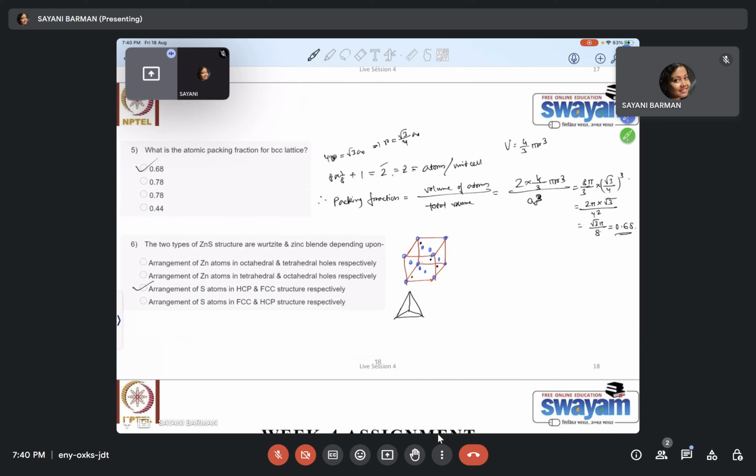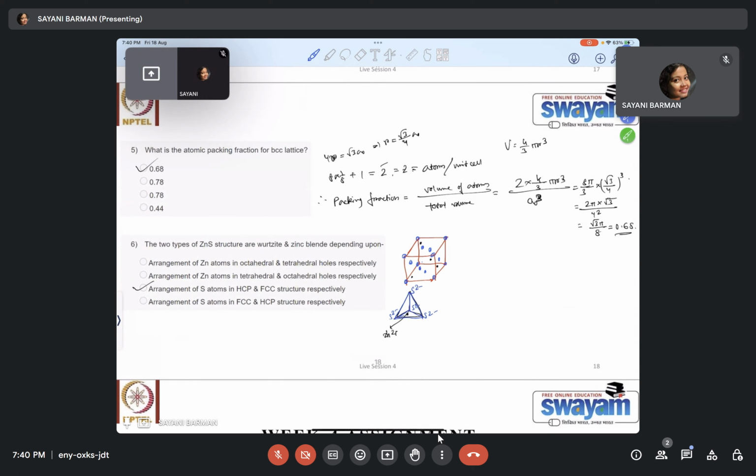Let's say this is where Zn2+ sits. Then at the four corners there will be S2-, S2-, S2-, S2-, and the S2- will form this type of tetrahedron.